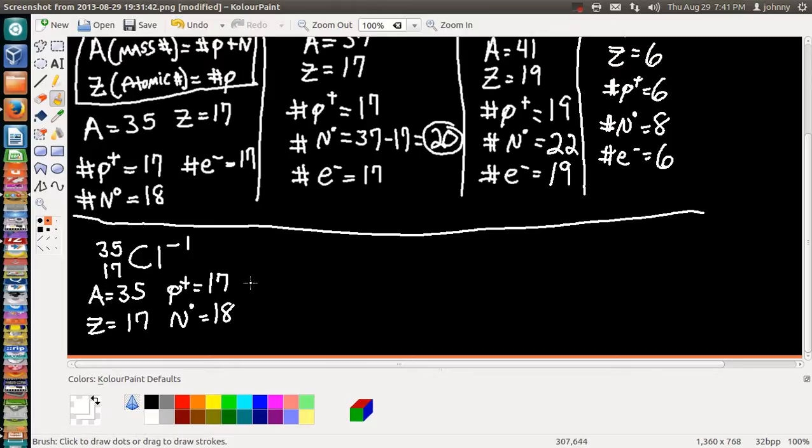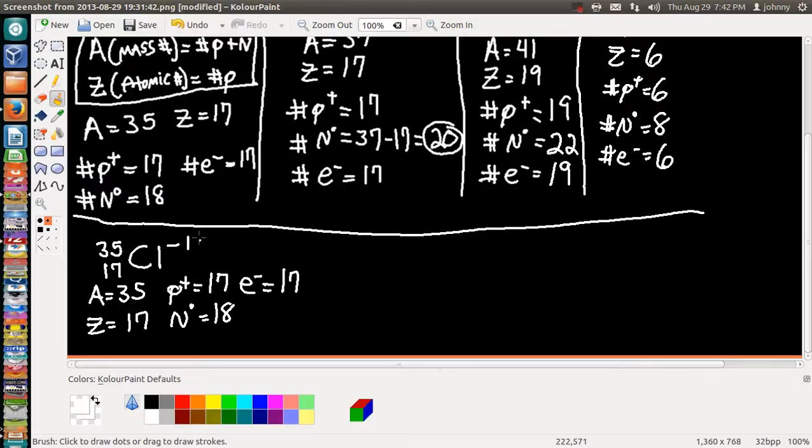Now time for the fun part, the electron count. Now remember that electrons are negative, okay? So this -1 actually means that we have one more electron. So if this element was neutral, it should have 17 electrons, which should equal the amount of protons. So the neutral point is 17.